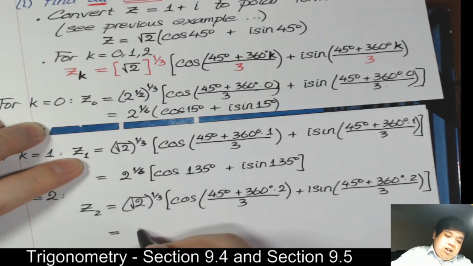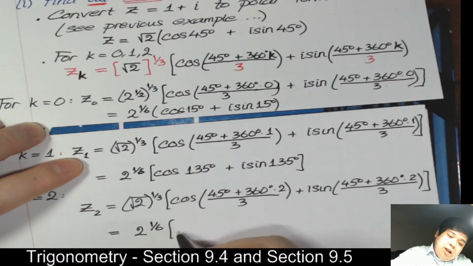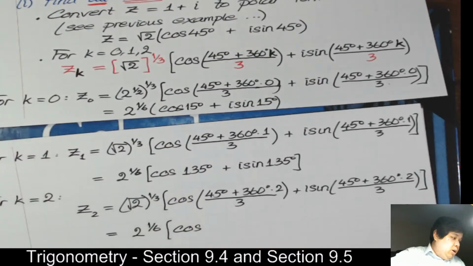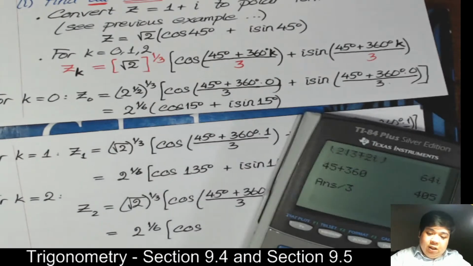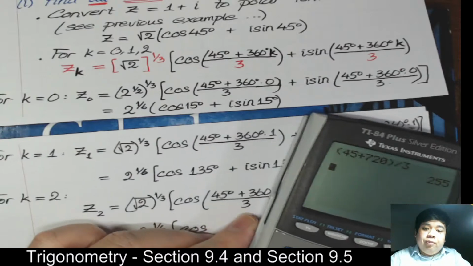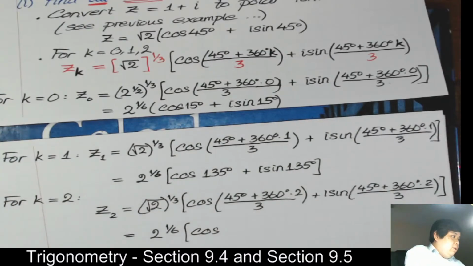And we already did this 2 to the 1/6. And then cosine, what is 45 degrees plus 720 divided by 3, 255.